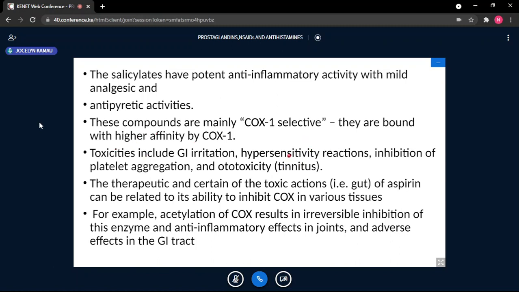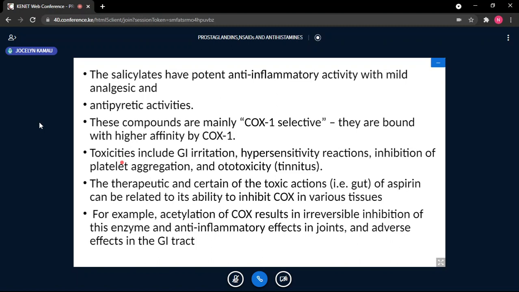Of course, while we are saying inhibition of platelet aggregation, they will also bind an enzyme that we said is responsible for platelet aggregation, the prostacyclin synthetase, which synthesizes prostacyclins. Let's look at it properly. The prostacyclins bring about vasodilatation and inhibit platelet aggregation.